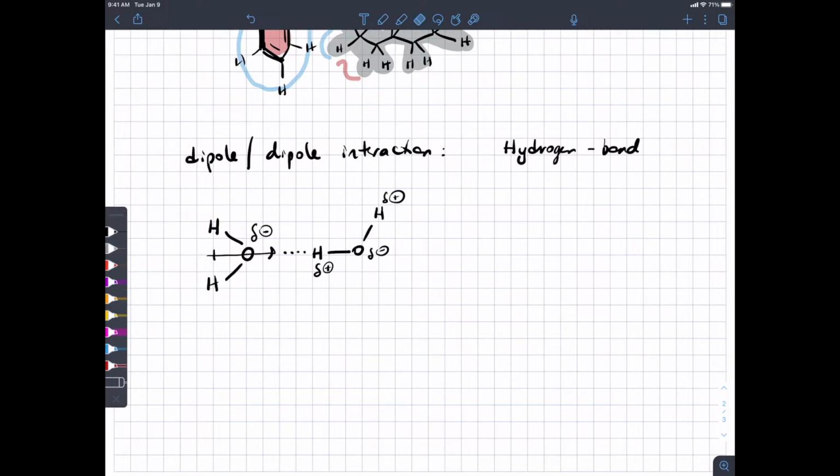We'll sometimes represent that by a dotted line, but all we're really talking about here is this hydrogen is electron poor and this oxygen is electron rich, and so they're attracted to each other. No more complicated than that, really.